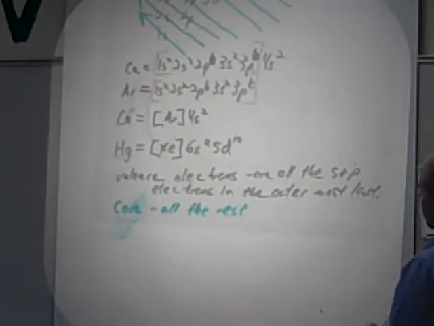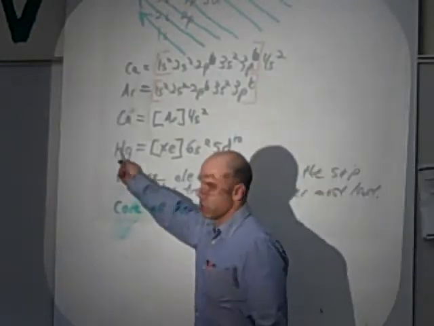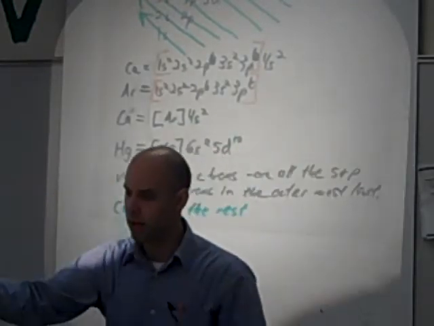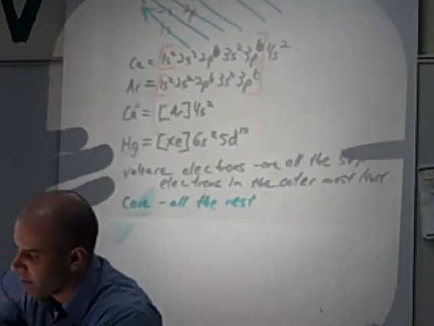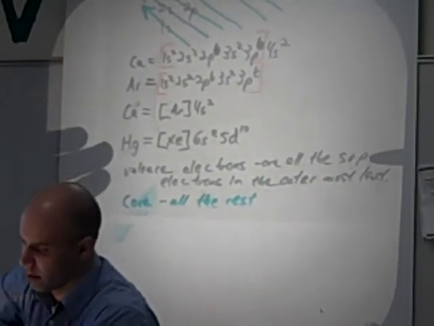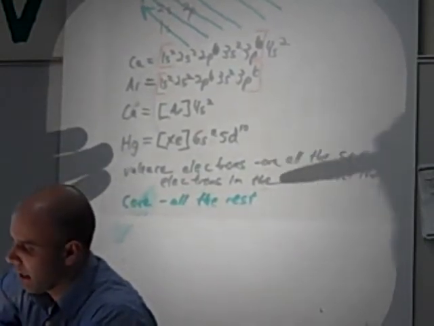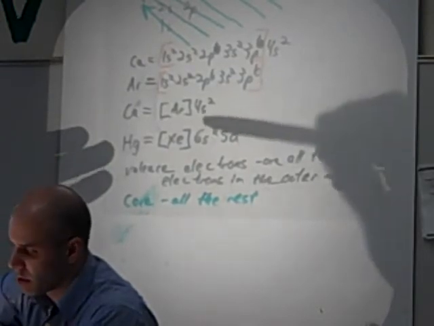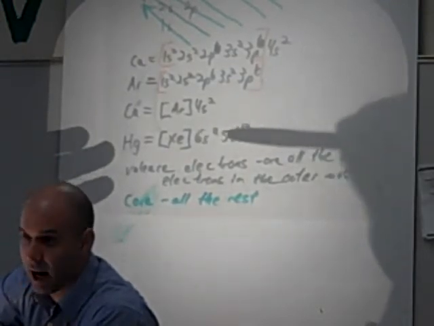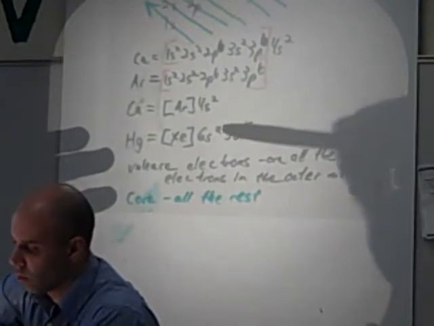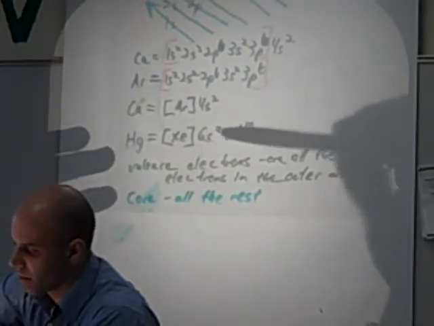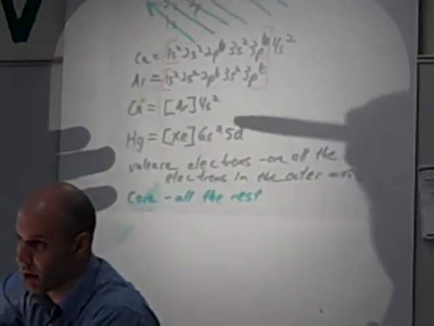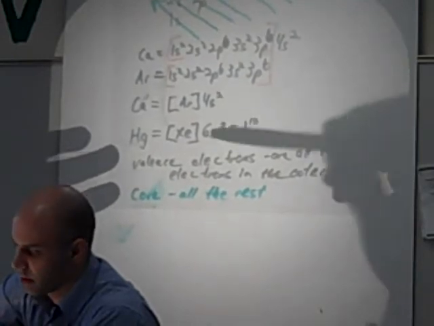So let's see if we can identify the valence electrons of mercury. So first of all, we have to find all the S and P electrons in the outermost level. So what is the outermost level? The 6 or the 5? Which is the outermost level there, Stephanie? Which is bigger, 6 or 5? Right, 6.